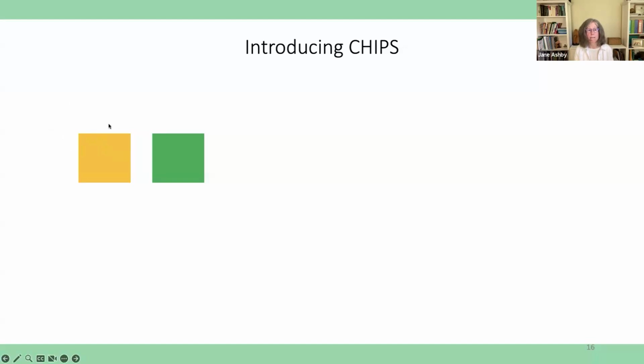Then we also have consonant sounds. Consonant sounds are when your lips, tongue, or teeth are blocking the air. So you have sounds like t or f. Those are our consonant sounds, and green chips are going to stand for those.